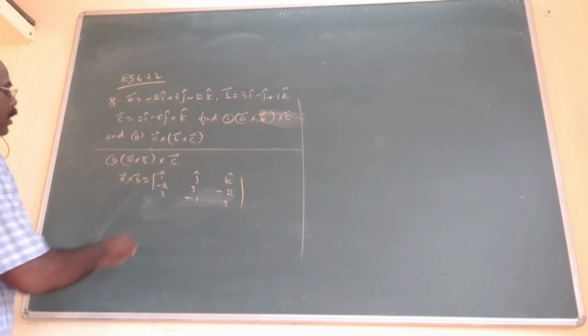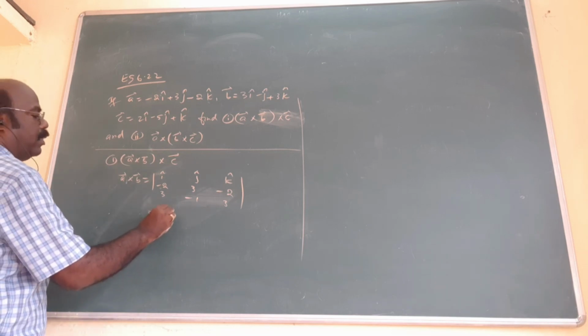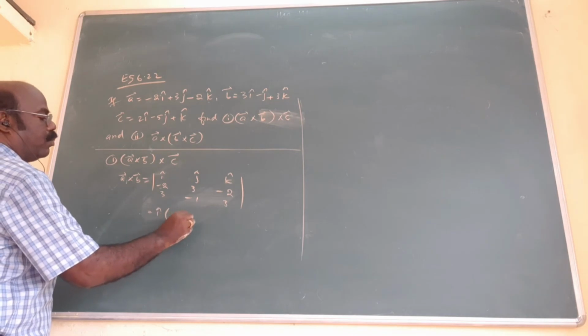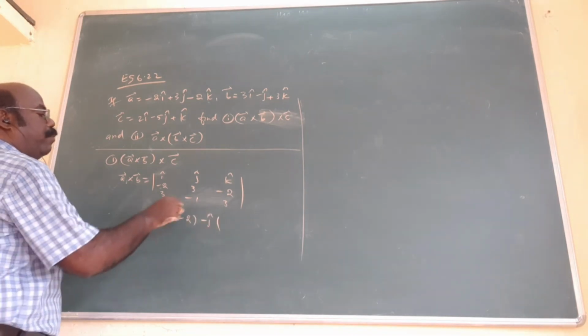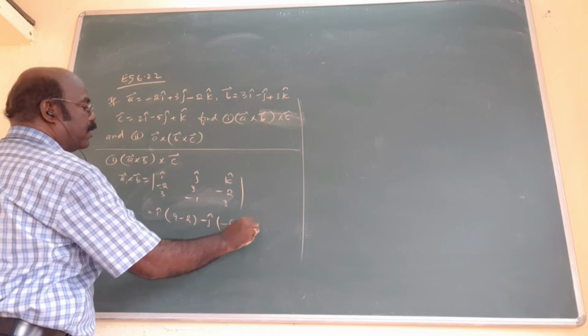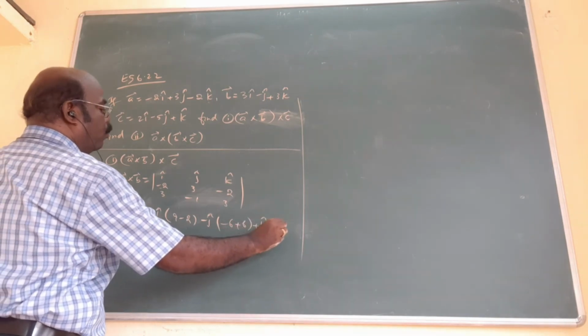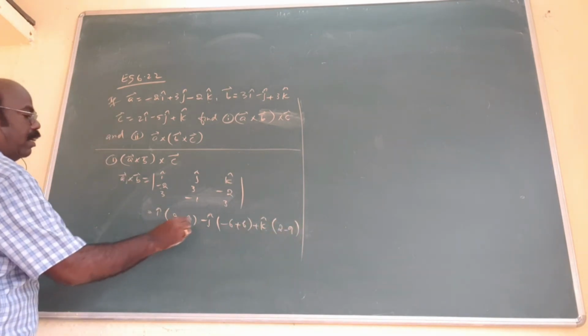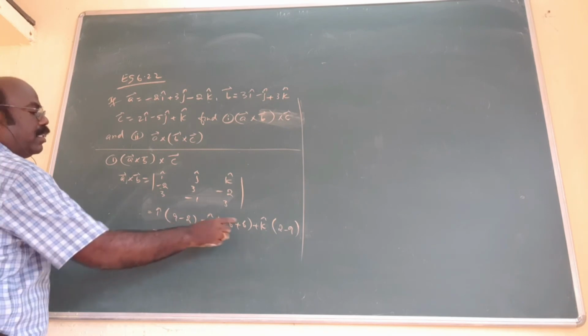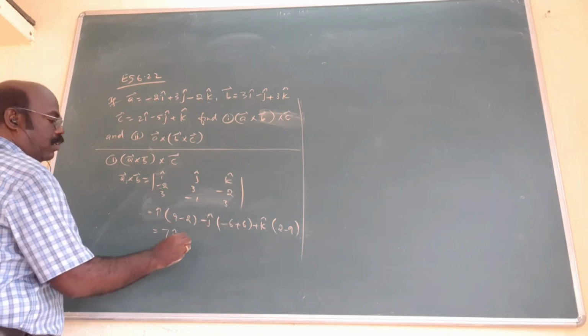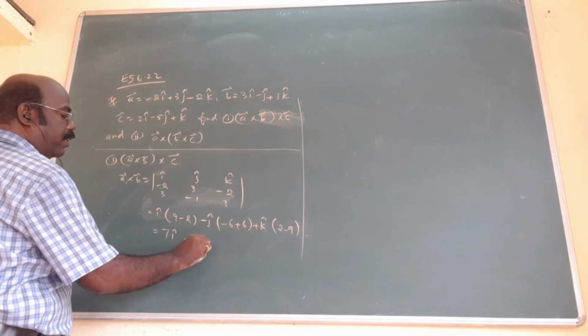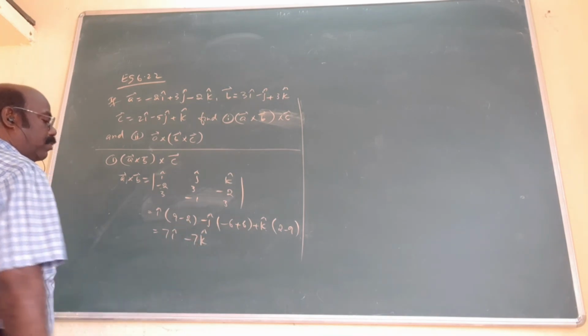Expanding: i cap into 9 minus 2, j cap into minus 6 plus 6, k cap into 2 minus 9. What is the answer? 7 i cap, j is 0, minus 7 k vector. That's all.